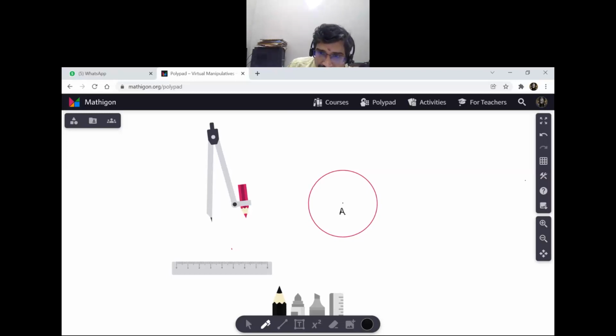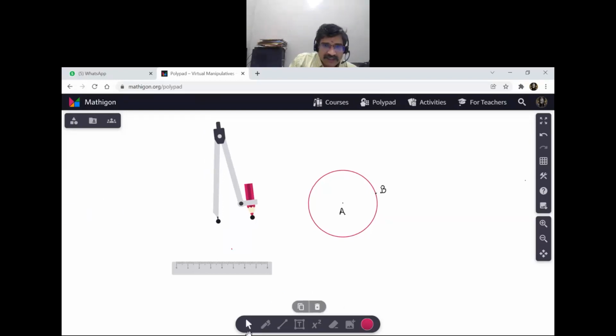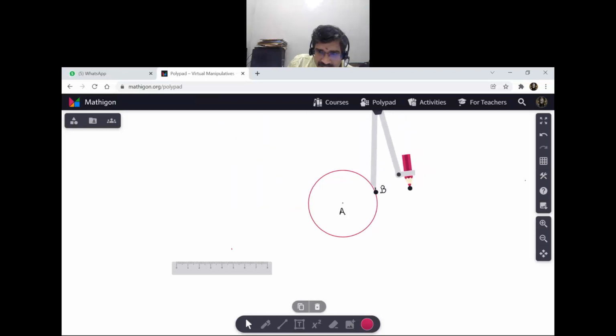Now, definitely that point B will be on the circumference of the first circle which I have drawn. Is it true or not? Yes. If I take it on B now, with the same radius, 3 centimeter only, I am drawing another circle.